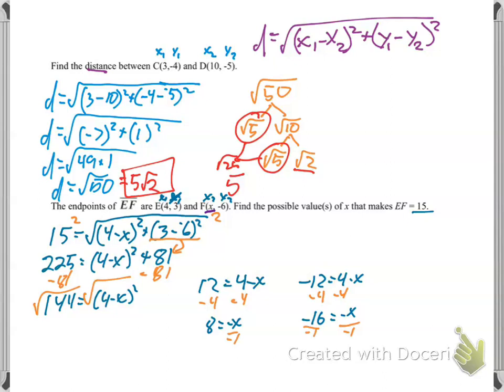That gives me x equals negative 8 and x equals positive 16. So my solution: x equals negative 8 or positive 16.